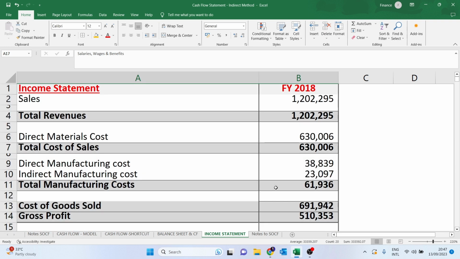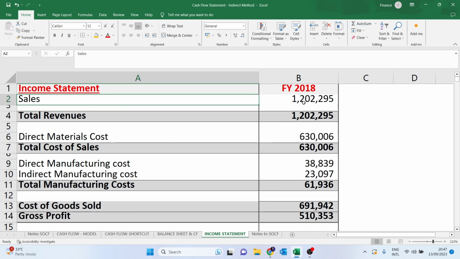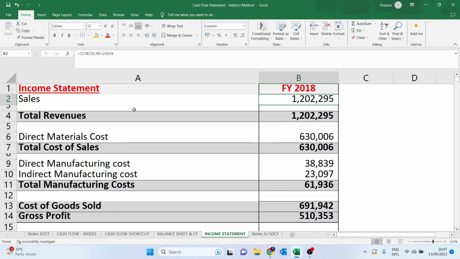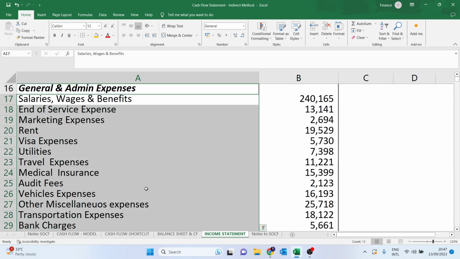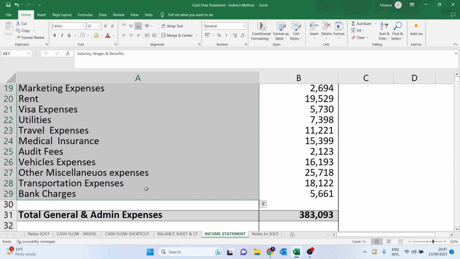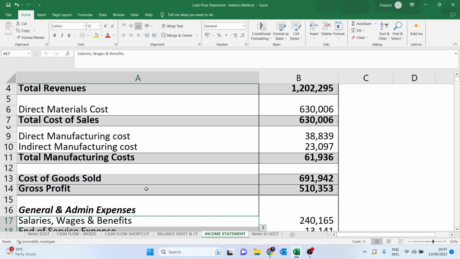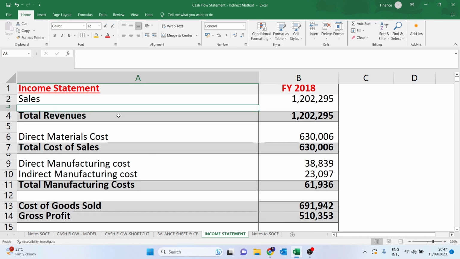So if in the income statement you see gain or loss on selling of a computer, mostly you will see it in the general admin expense as loss on sale, or maybe under other income as gain on sale of computer. That transaction itself we need to show separately.